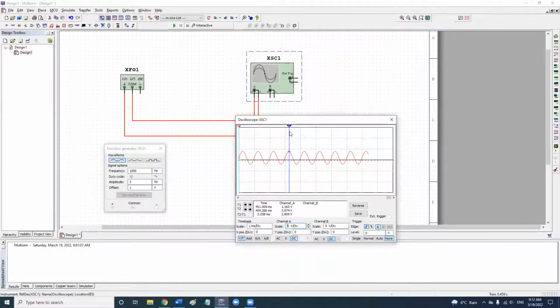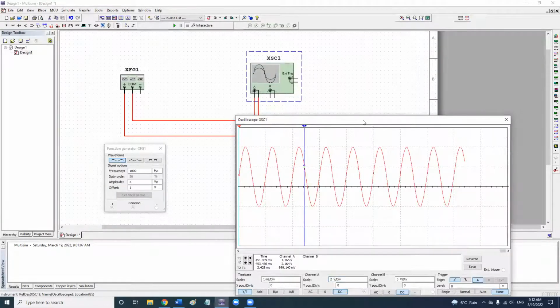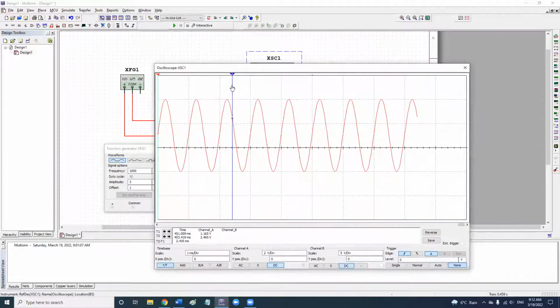Okay, so anyway, let's go to the next thing. Sorry, let me just adjust a little bit so you can see it better. So now let's move this to the Y mean.